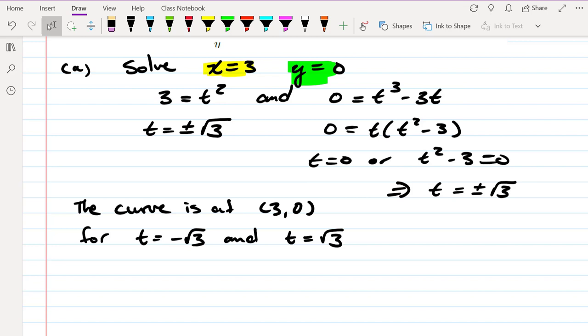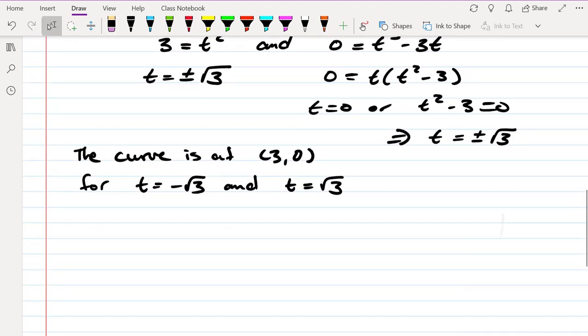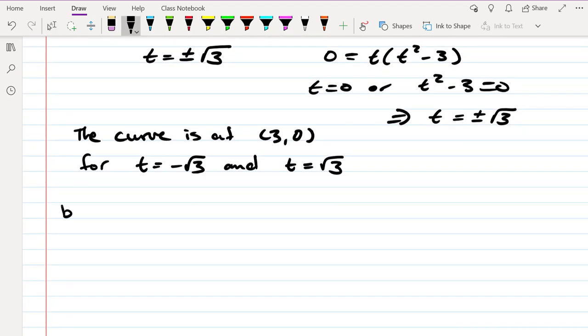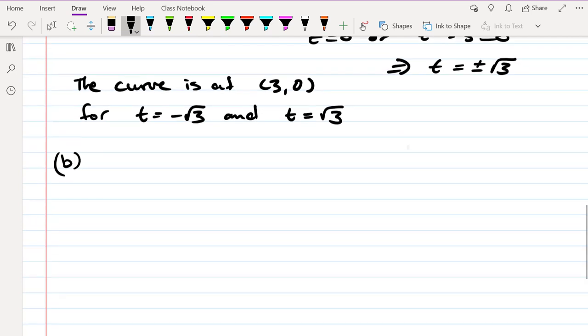Okay, so now B, find the points on the curve where the tangent line is horizontal or vertical. For part B, the graph will have a horizontal tangent line when the change in y is equal to 0.